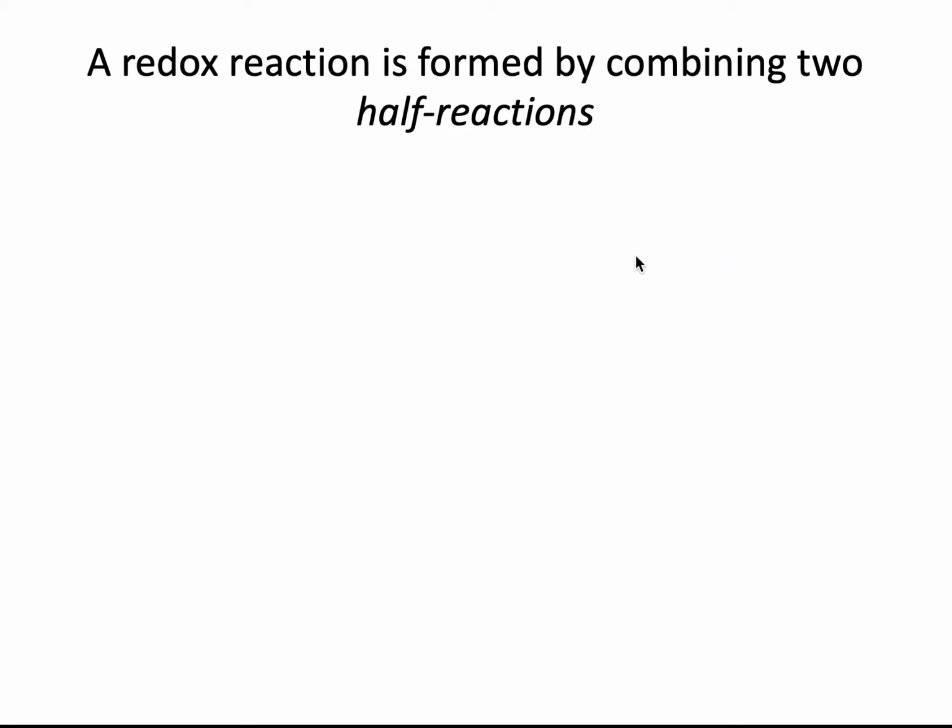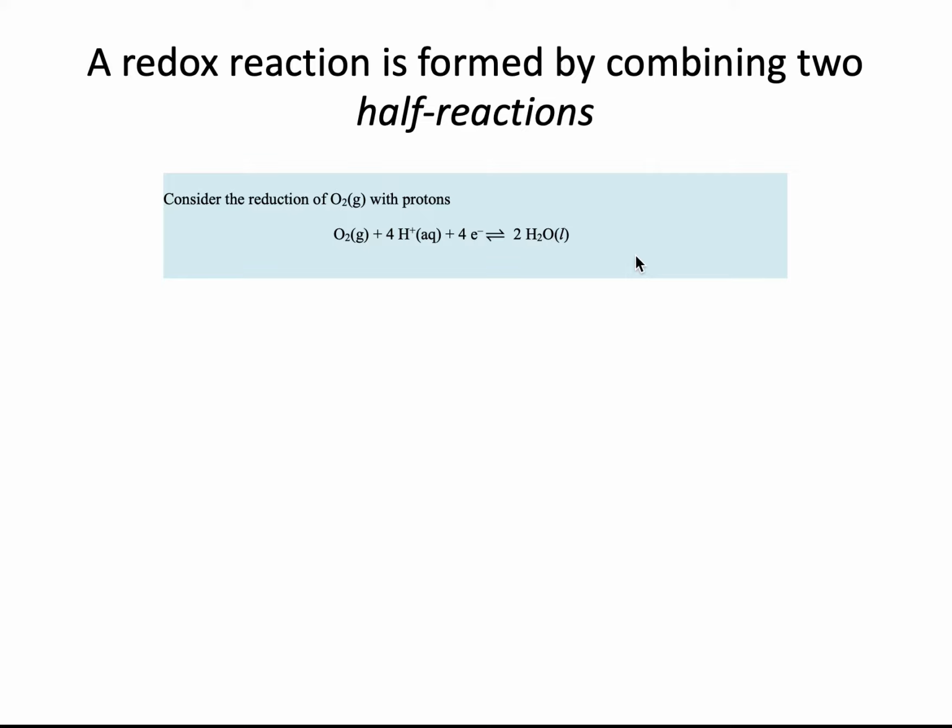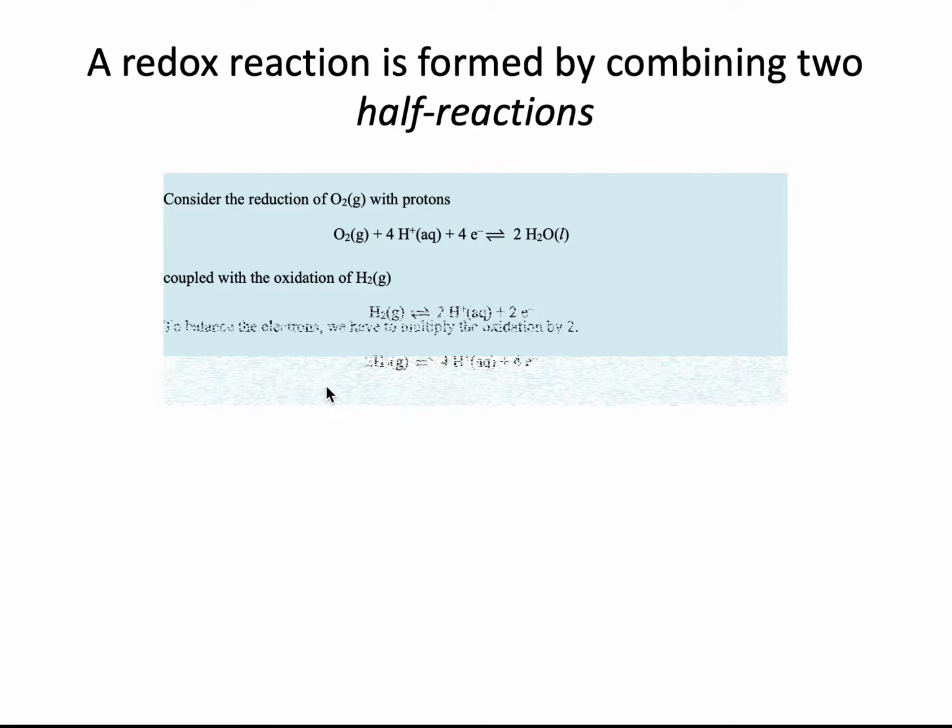Now let's consider the reduction of O2 with protons. We have to couple this reduction with an oxidation. Let's choose the oxidation of H2. However, we need to balance electrons, and to balance electrons, we have to multiply the oxidation by 2.